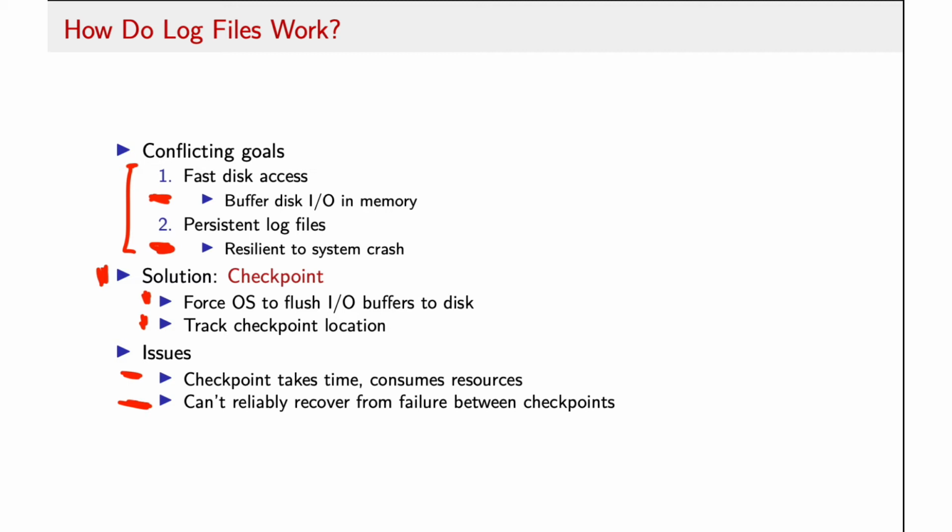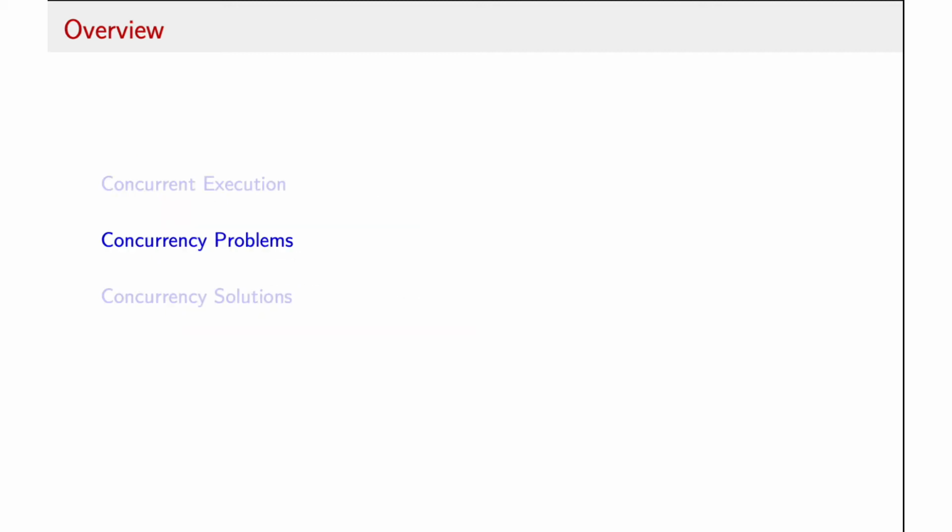To motivate some of the approaches that databases take to managing concurrency, we're going to take a look at some problems that can arise if concurrency isn't handled properly. This is similar to the notion of anomalies that we talked about in terms of database normalization, right? We saw that there were update anomalies and delete anomalies and so forth.